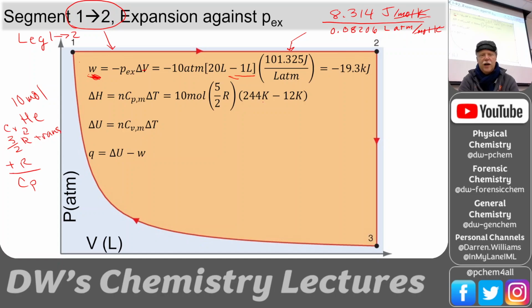So that's where we get the 5/2 R, right here, because it's CP. And then we have delta T, so 244 was the temperature at point 2, and 12 Kelvin was the temperature at point 1. And so then we get 48.2 kilojoules, and look, it's a positive value.